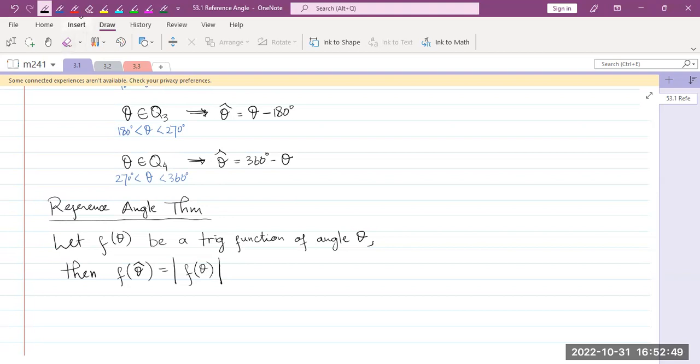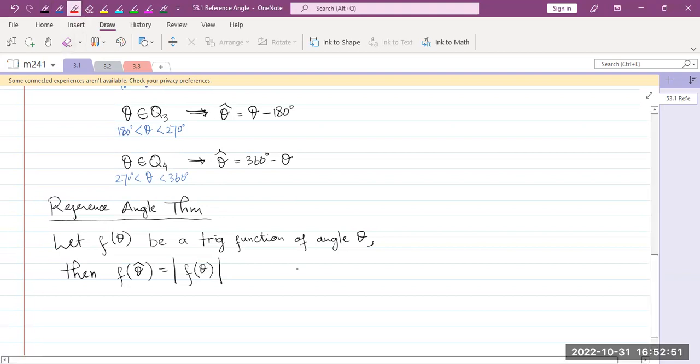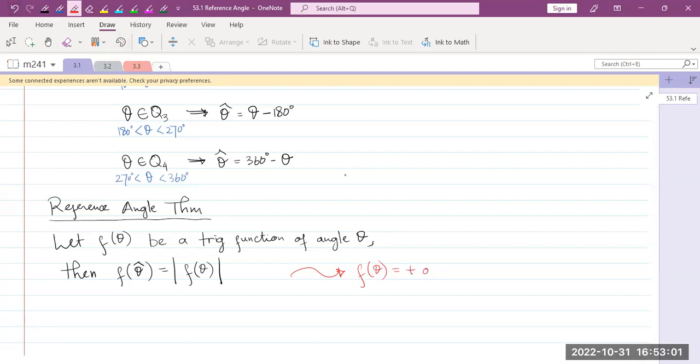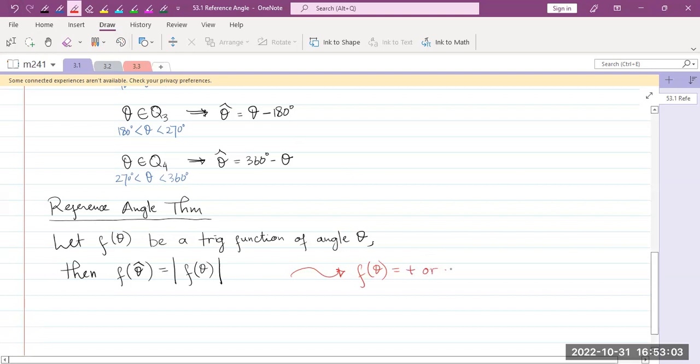Okay. In other words, maybe I say it this way. The trig function of angle theta is equal to the plus or minus of the same trig function of the reference angle.